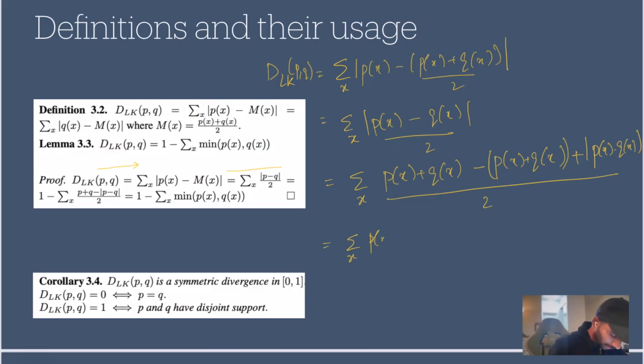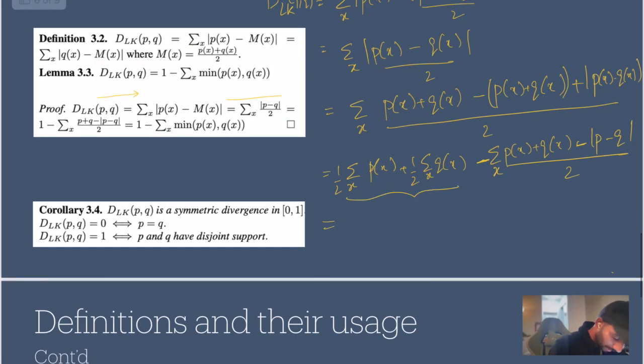So sigma x P(x) plus half sigma x Q(x) minus (P(x) plus Q(x)) minus mod P minus Q by 2. So that's this part here.